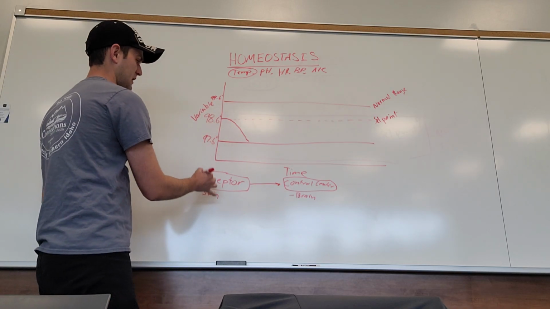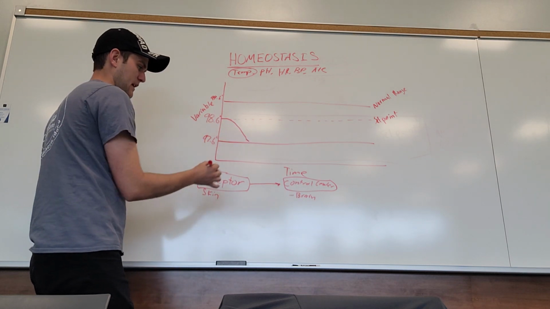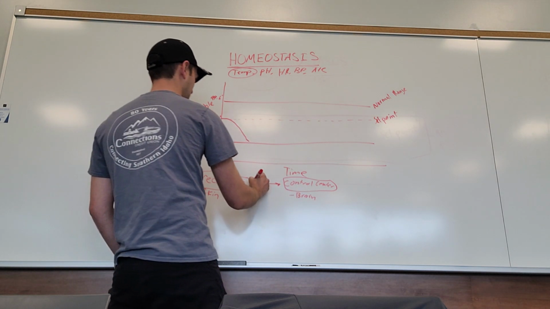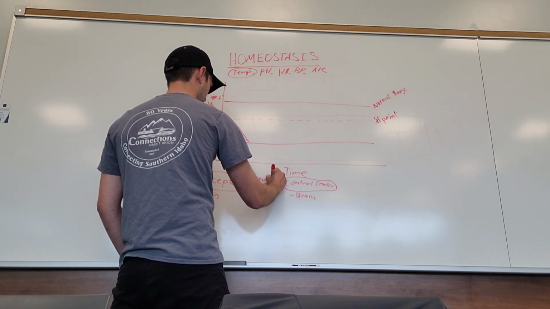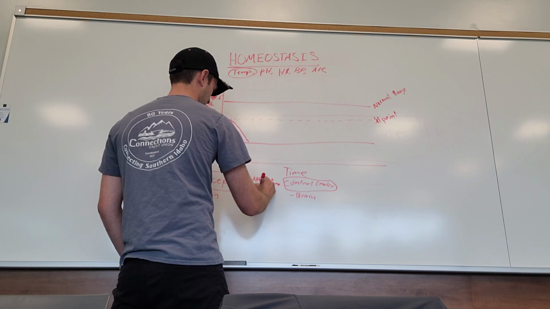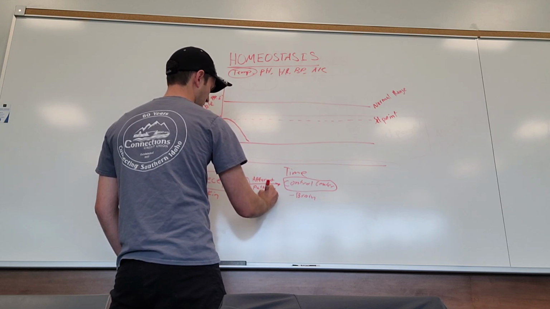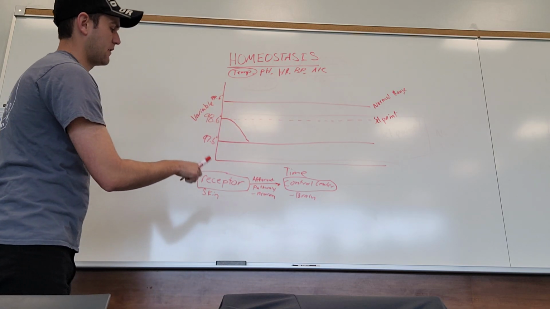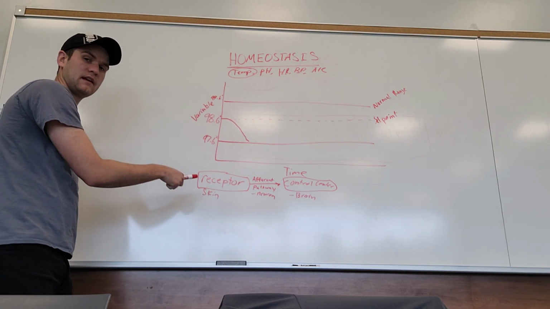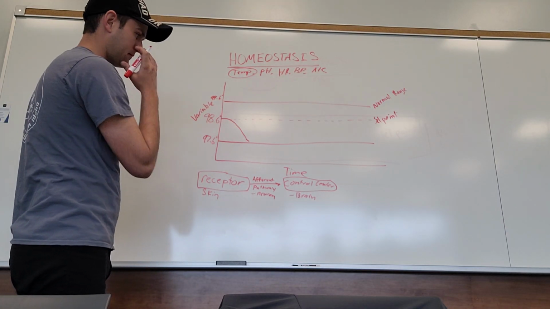So our receptor is going to tell our control center, hey, we're getting out of our set point. And it's going to do that via an afferent pathway. In this case, it's going to be some sort of neuron, nerve. It's going to tell the control center, tell our brain via this afferent pathway, hey, it's getting cold right now, so we need to bring that back up.